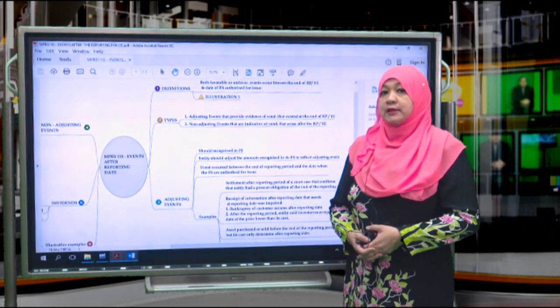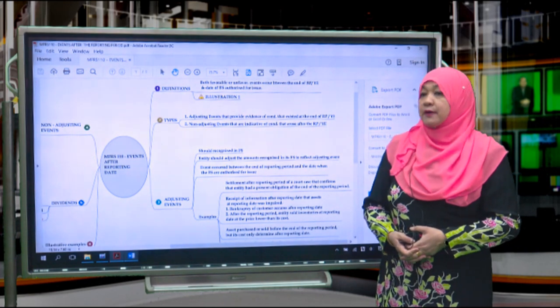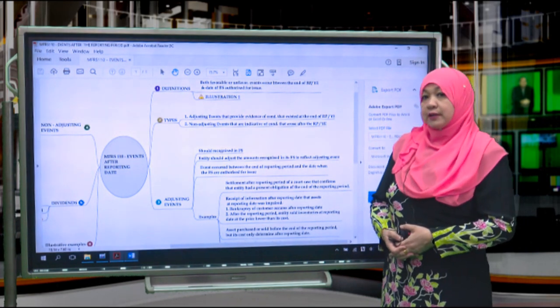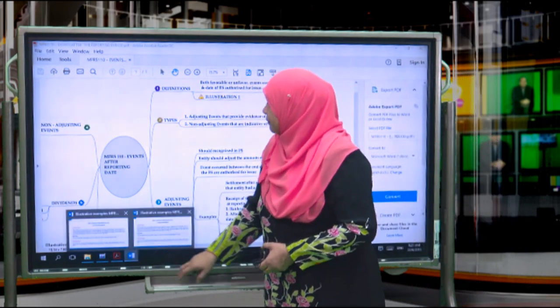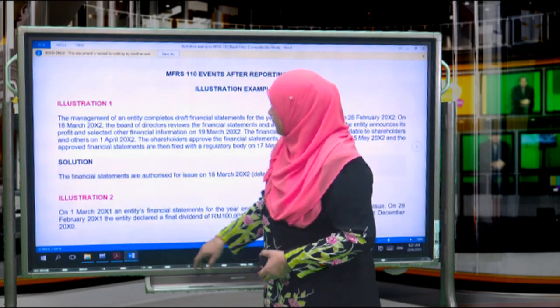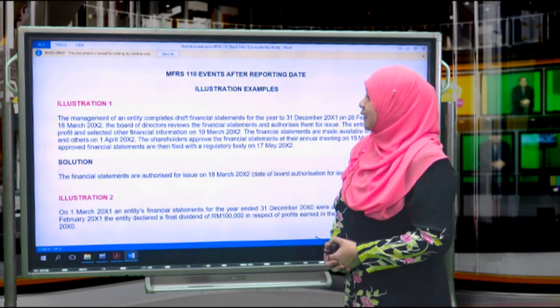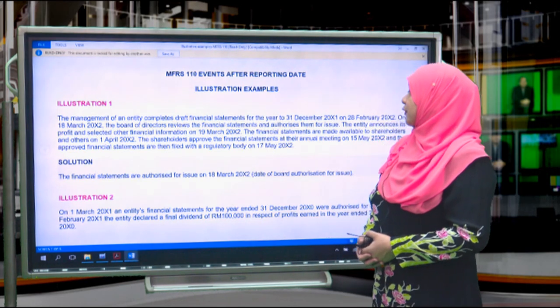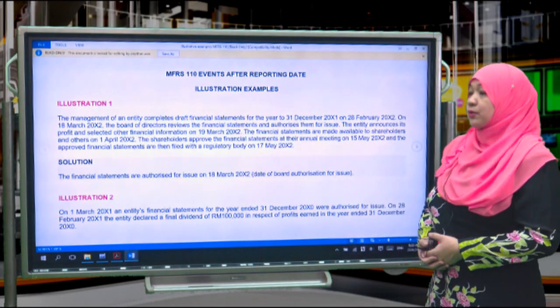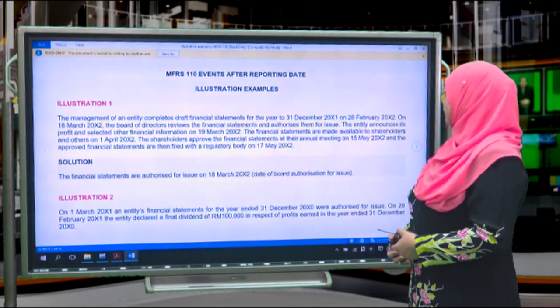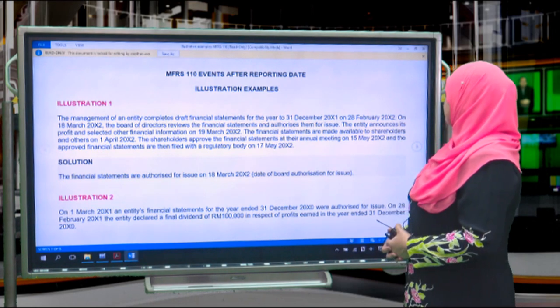In order to give a better illustration and understanding of this definition of MFRS 110, we'll look at illustration number 1. The management of an entity completes draft financial statements for the year to 31st December 2001 on 28 February 2002.